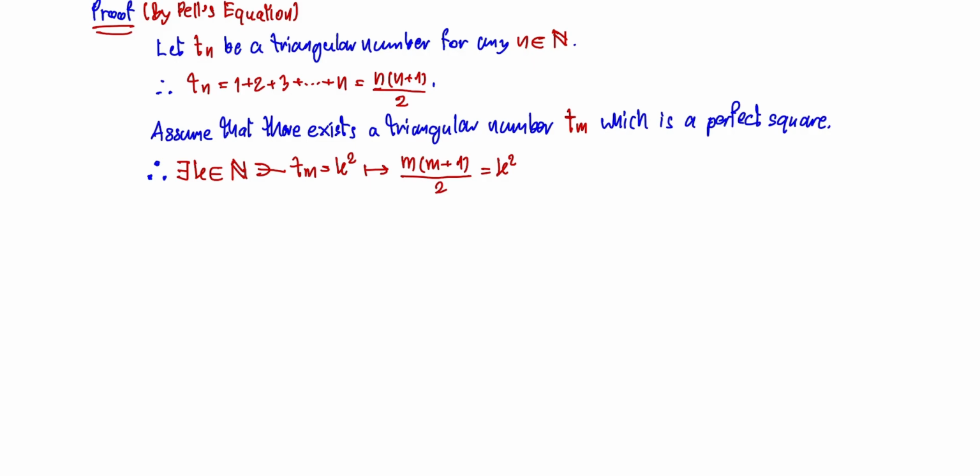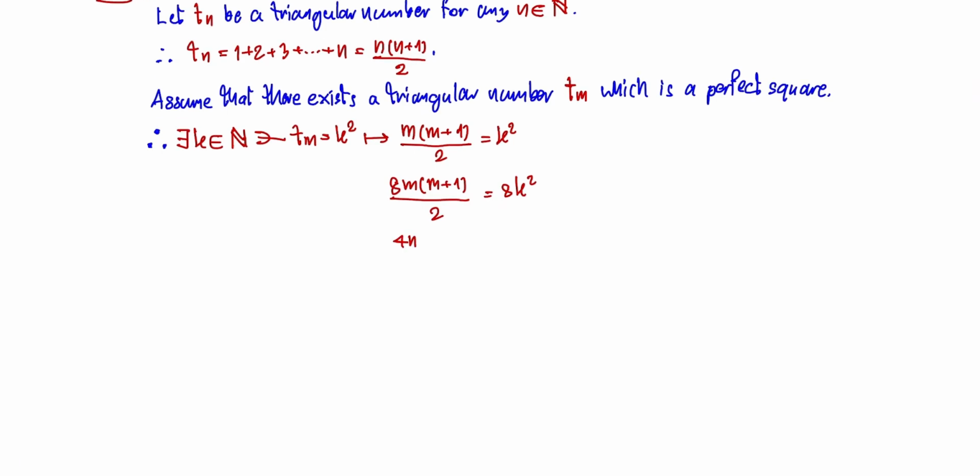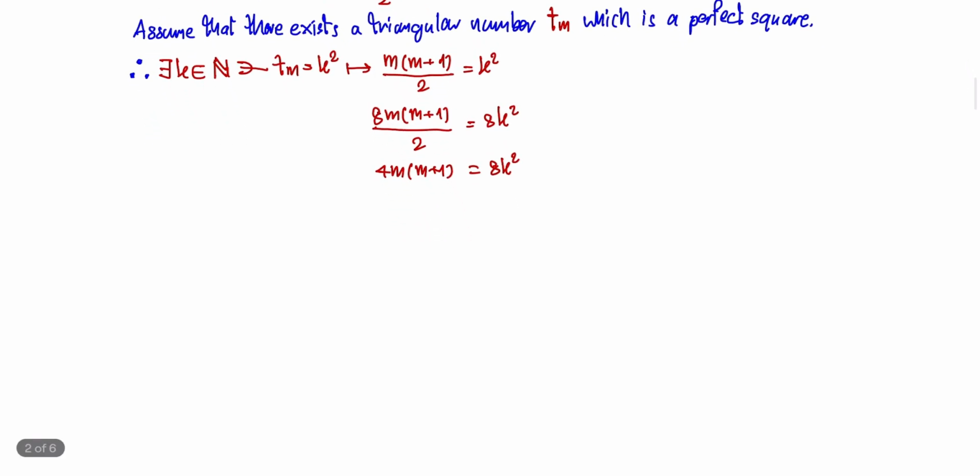I want to eliminate the number 2, so I want to multiply both sides by 8. So it's going to be 8 times m times (m plus 1) over 2, which is 8k squared. Then it turns out to be 4m times (m plus 1), which is 8k squared. So it turns out to be 4m squared plus 4m equal to 8k squared.